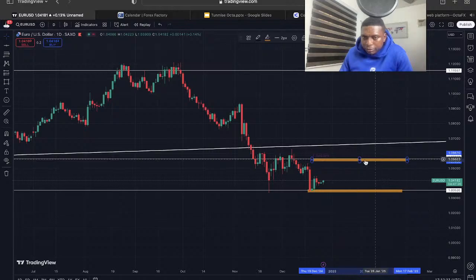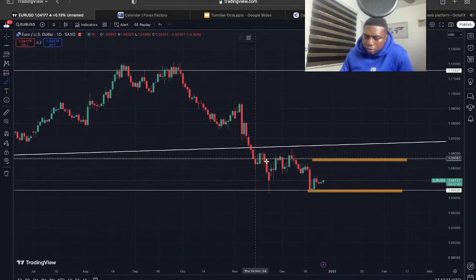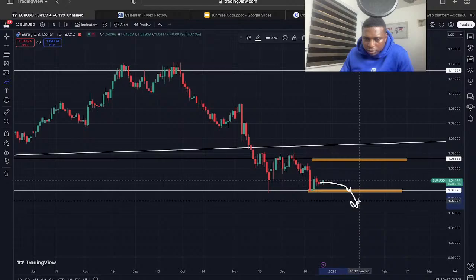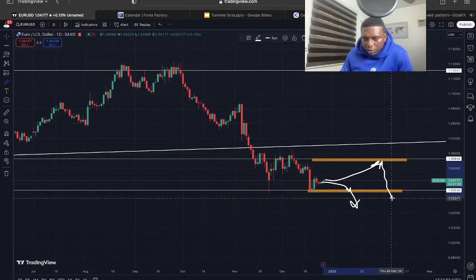Do you get that? So we can decide to sell when price touches this level downwards, or sell when price rallies above, and then continue to go down.